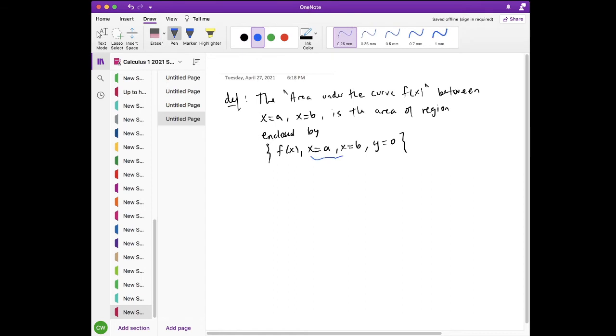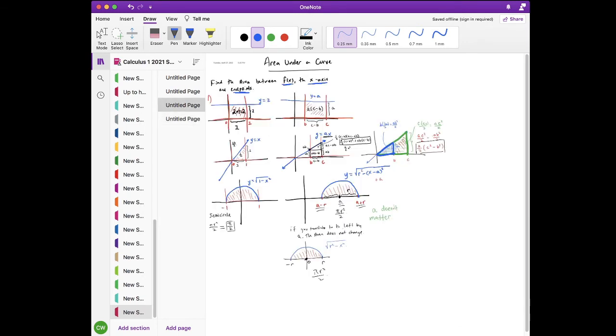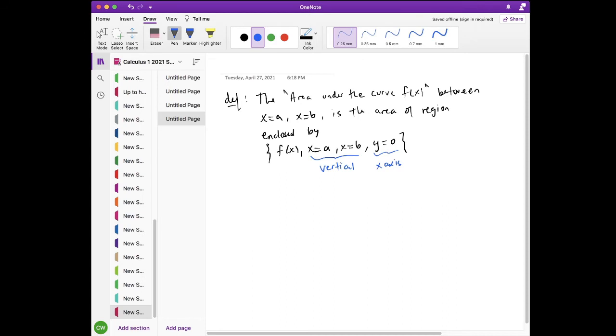So these are vertical, and this is the x-axis. This is essentially what we were doing before, right? Between the x-axis and these vertical lines and the function, we were finding the area underneath the curve. Something we didn't talk about, but will here, is that area in the lower half region is considered negative.